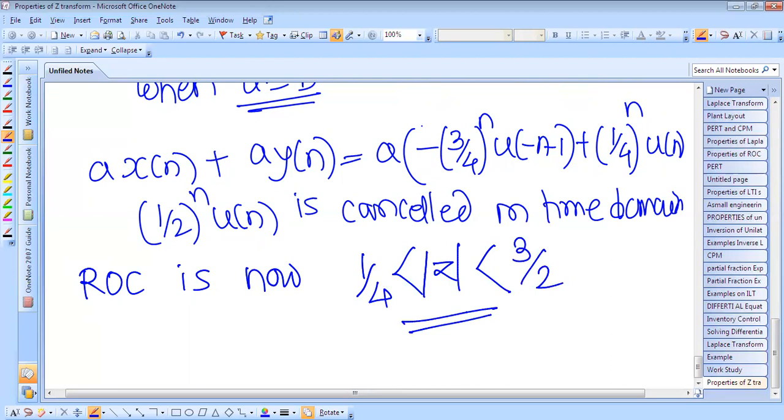Therefore the ROC is larger than the intersection of the individual ROCs.